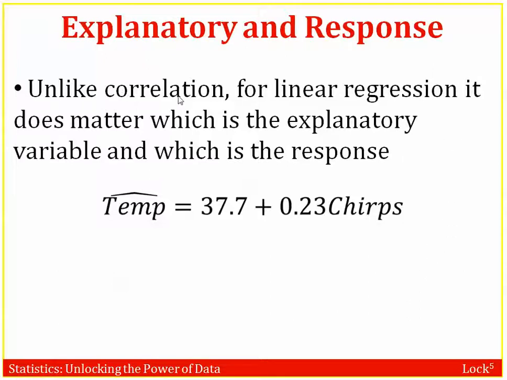Correlation has the same R regardless of which variable is the input and which variable is the output. Of course, if you're trying to fit a line, it makes a difference whether the intercept is measured in degrees or whether the intercept is measured in chirps per minute.